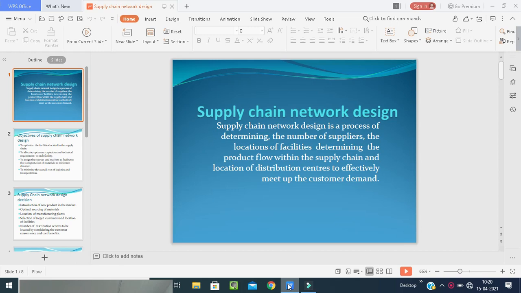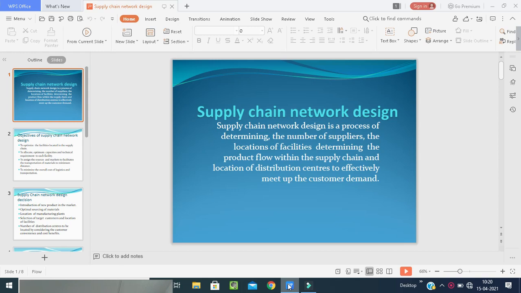Supply chain network design is a process of determining the number of suppliers, the locations of facilities, determining the product flow within the supply chain and location of distribution centers to effectively meet the customer demand.